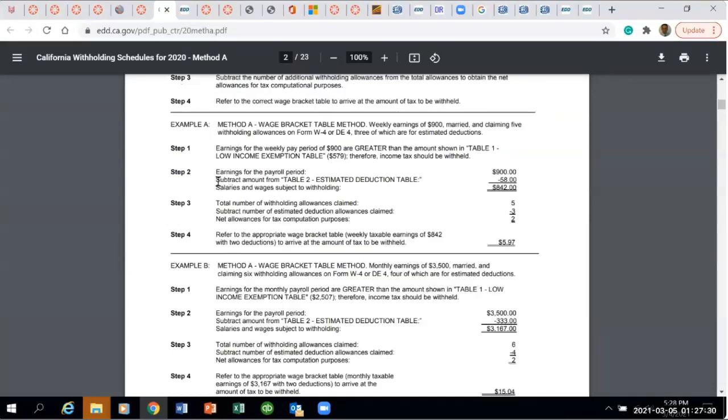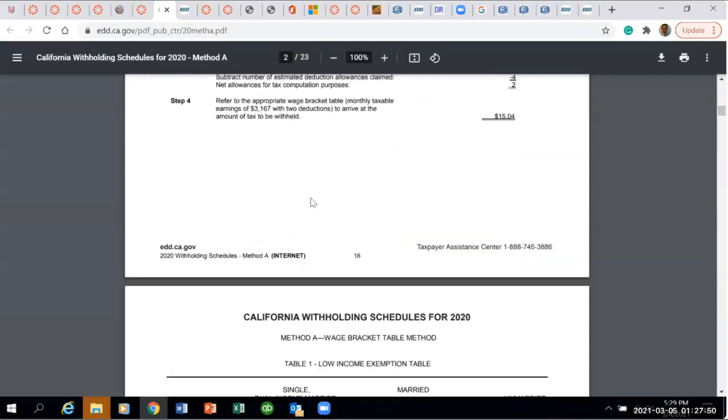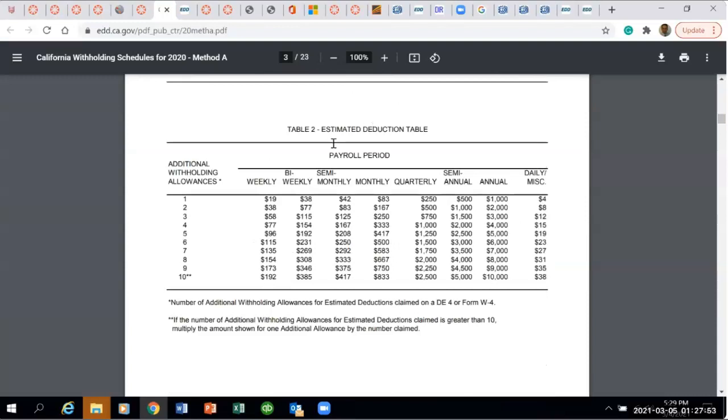Then it says in step 2, how much is the payroll? $900 a week, married, 5 allowances. Out of that, subtract the amount from table 2, the estimated deduction table. Let's go to table 2. It asks how many additional withholding allowances they have. 3. Remember, they had a total of 5 allowances, but 3 of them were additional for different reasons.